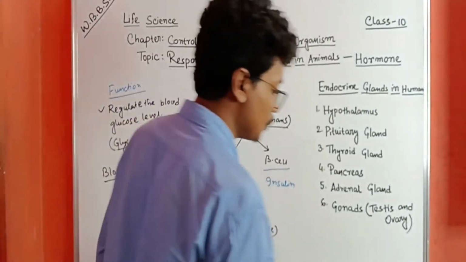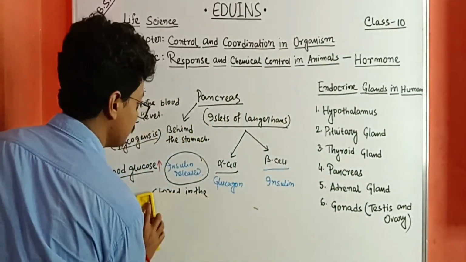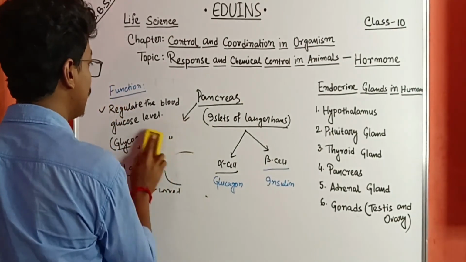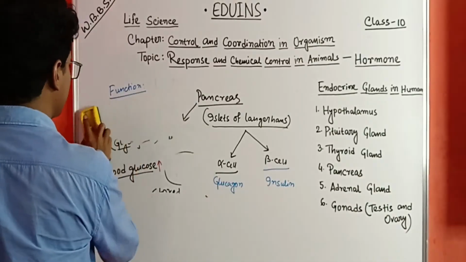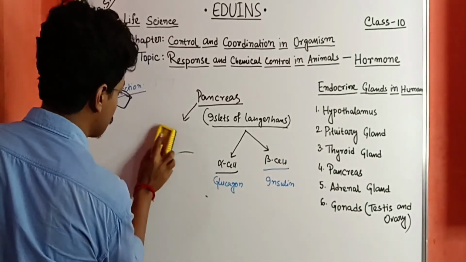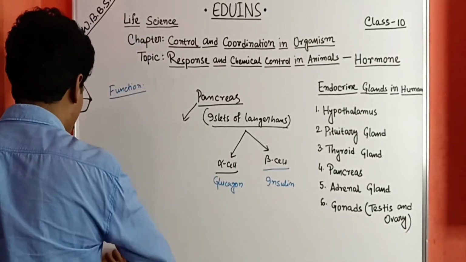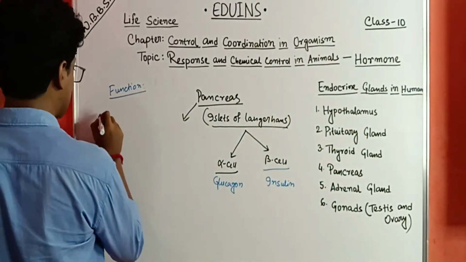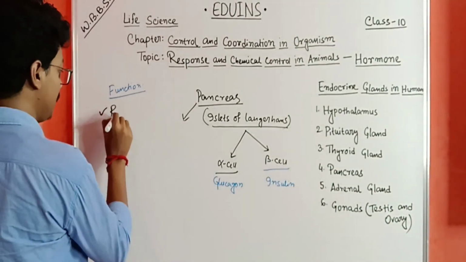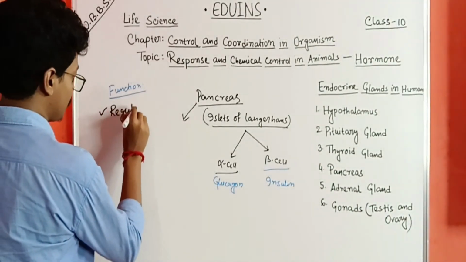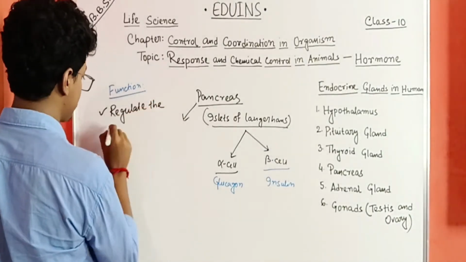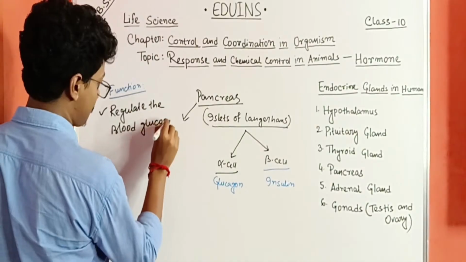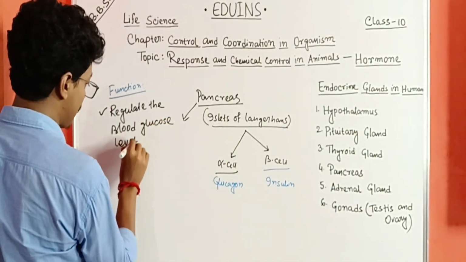What is the function of glucagon then? Glucagon function is the reverse of insulin. It breaks down the stored glycogen, fats or proteins into glucose. So it also regulates the blood glucose level. How?